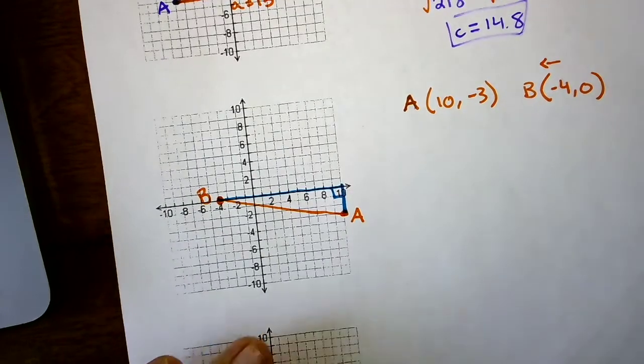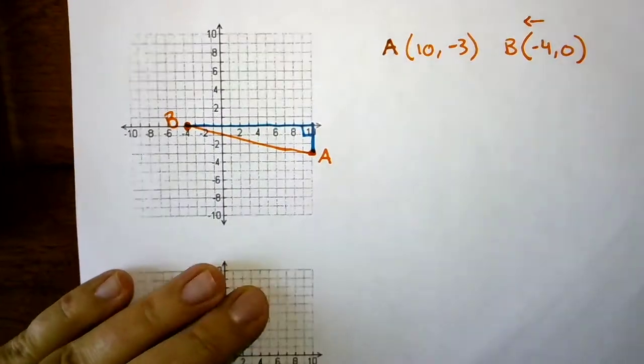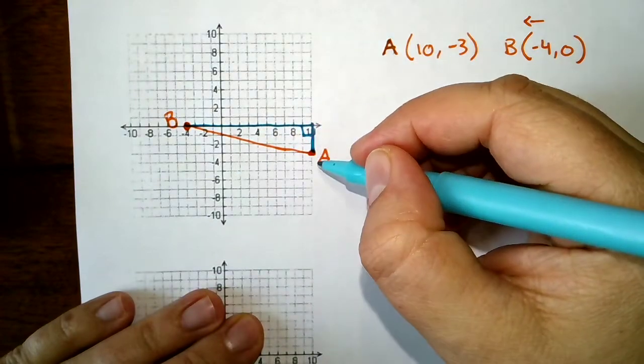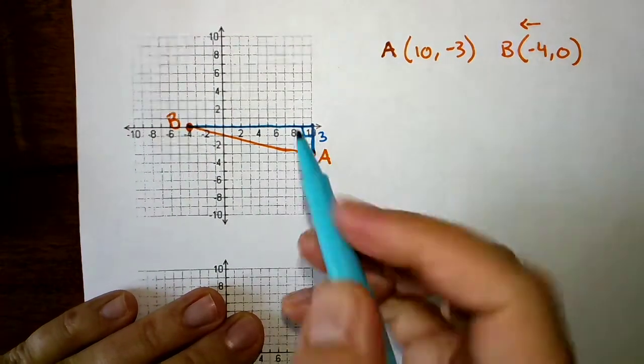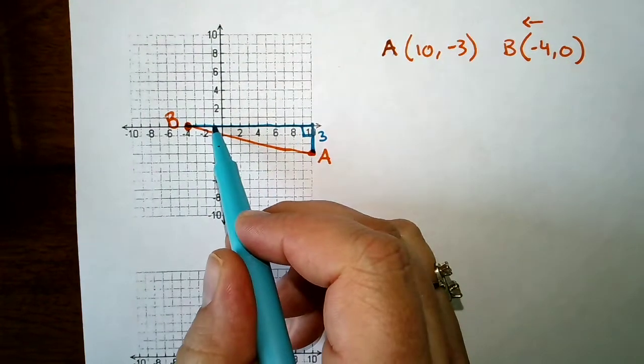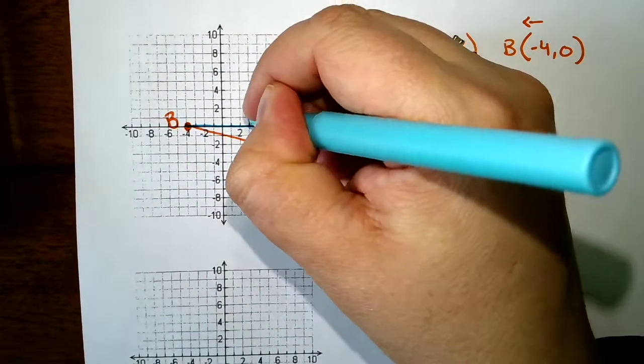So the legs of my triangle are, well, this one is 3. And then this one is, let's see, 10, 11, 12, 13, 14.